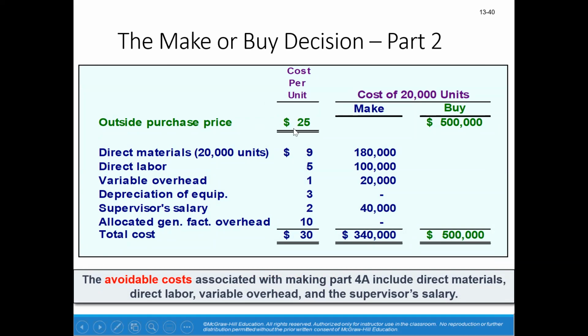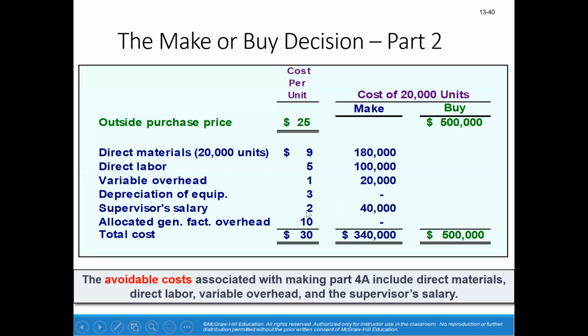If you purchase it from an outside supplier for $25, here are our costs of $30. So to make 20,000 units, we would make it for $340,000. If we buy it, we'd buy it for $500,000.